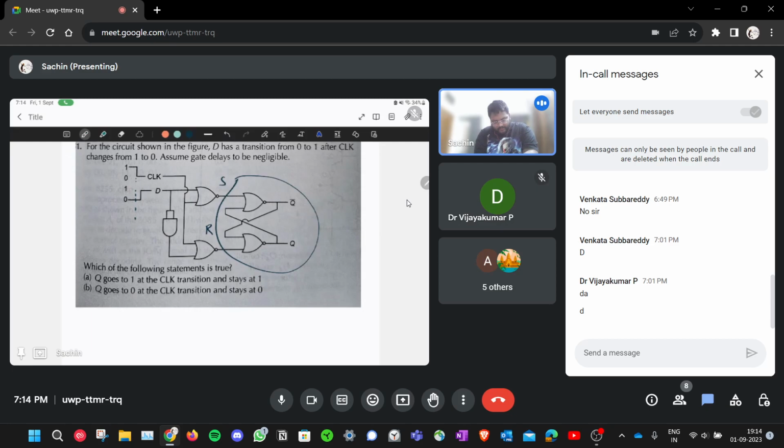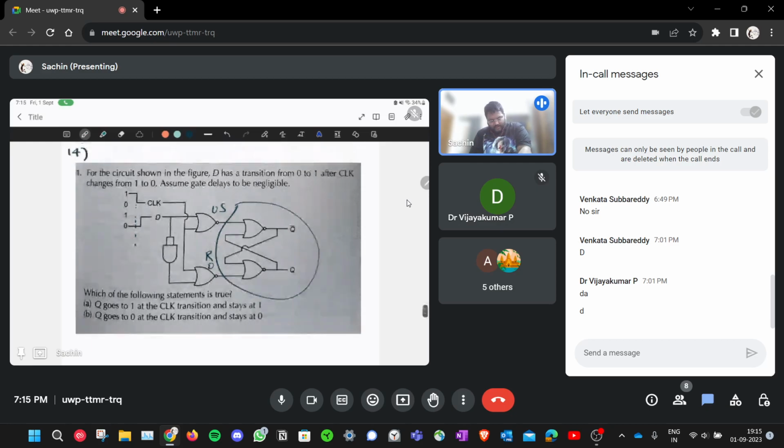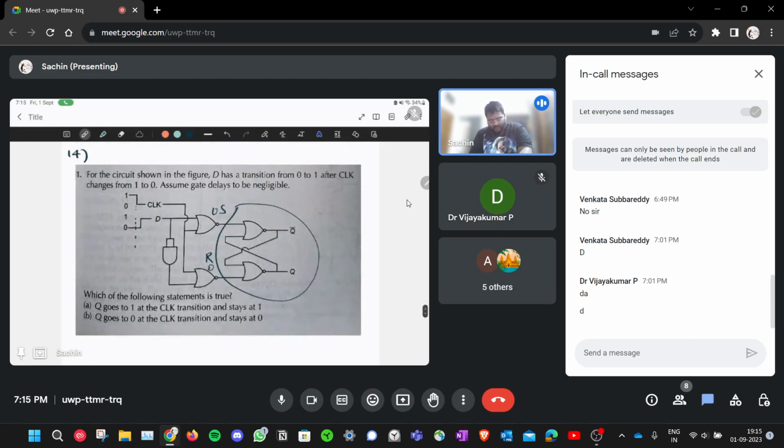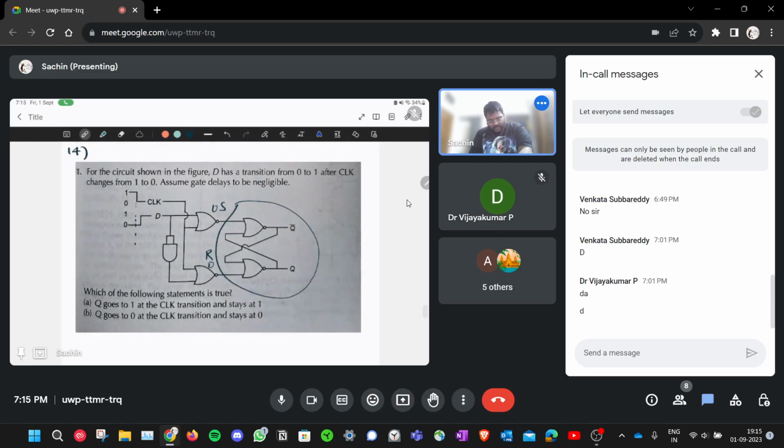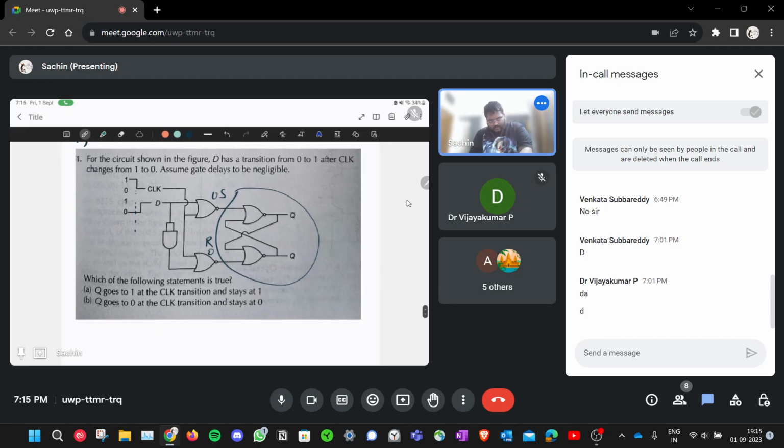So at that time, the clock plus D that's being fed to both S and R here, if you consider this as an AND gate, is high. So both S and R will be low, and that will preserve your previous memory state. We don't really know what the previous memory state is.